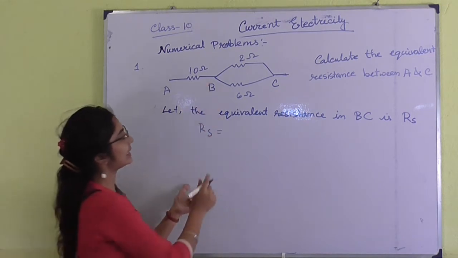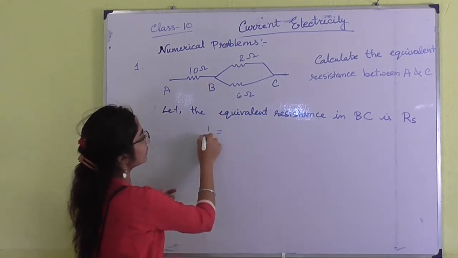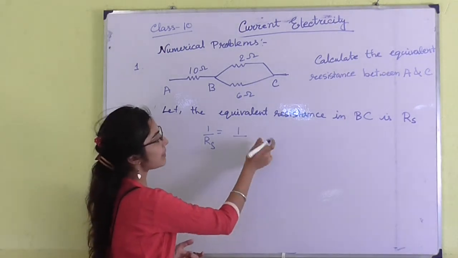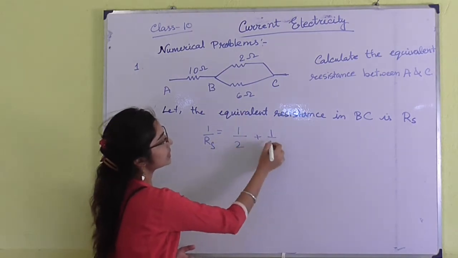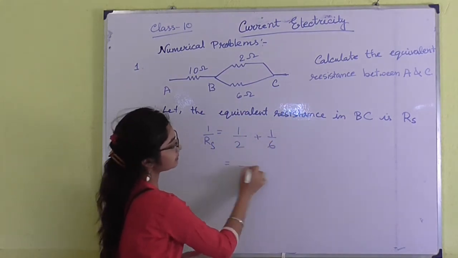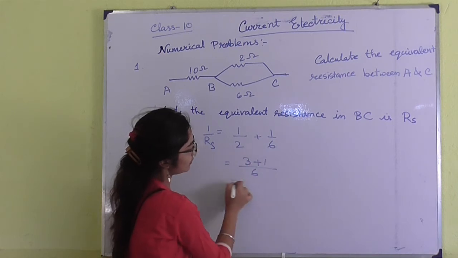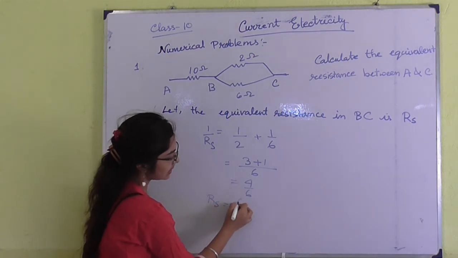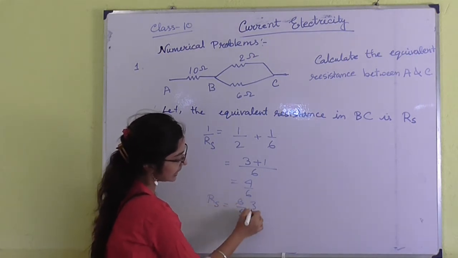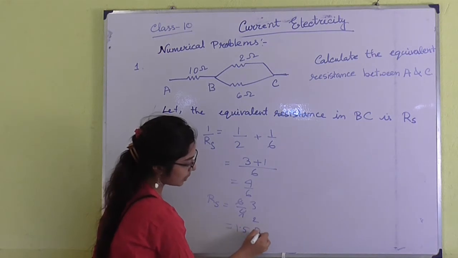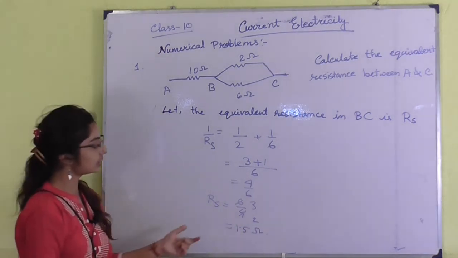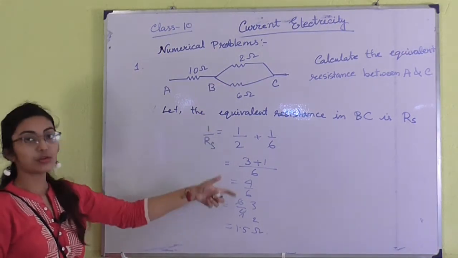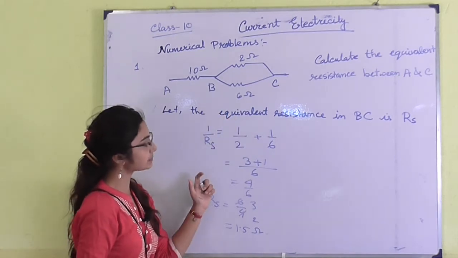As they are connected in parallel, using the formula that the reciprocal of the equivalent resistance is the sum of the reciprocals of the individual resistances, 1 by RS is 1 by 2 plus 1 by 6, which is 3 plus 1, 4 by 6. So RS is 6 by 4, that is 3 by 2 or 1.5 ohm. 1.5 ohm is the equivalent resistance between B and C.